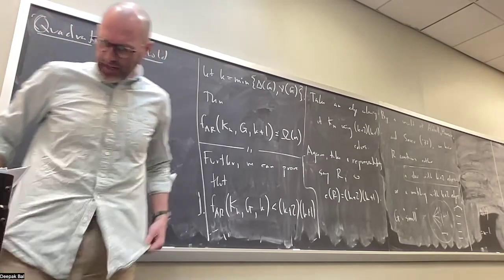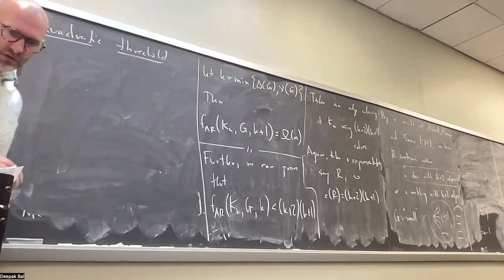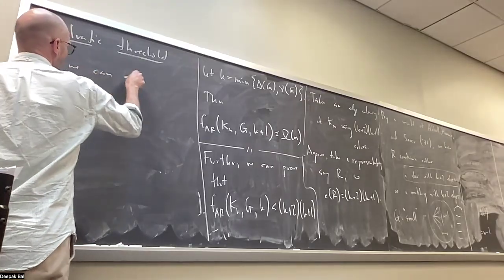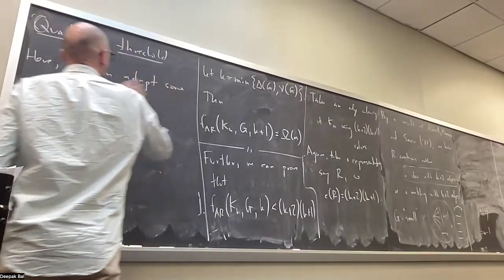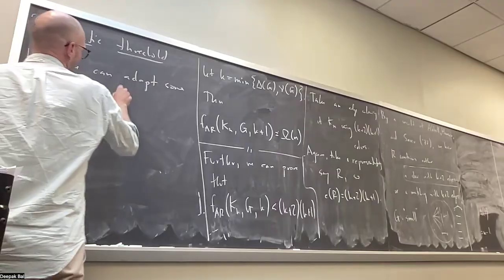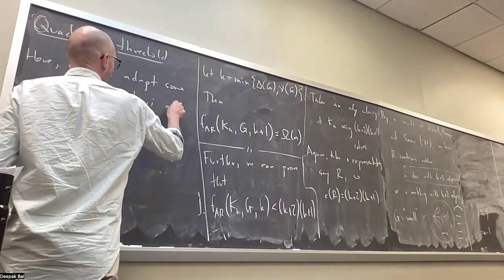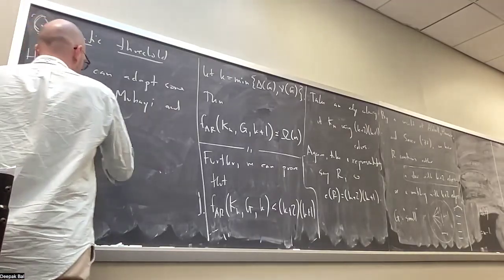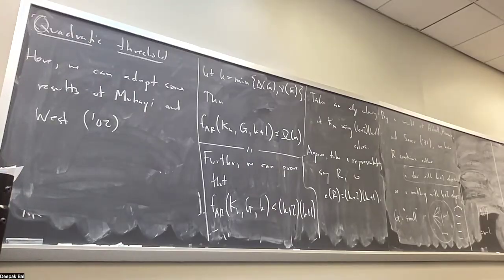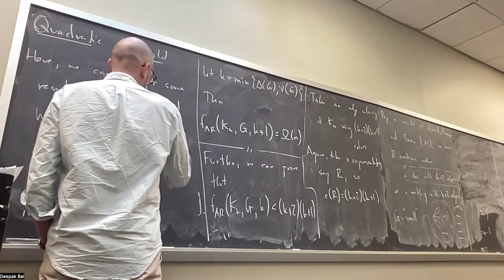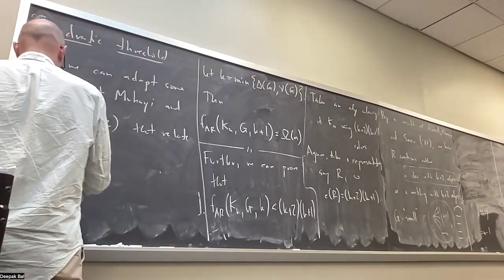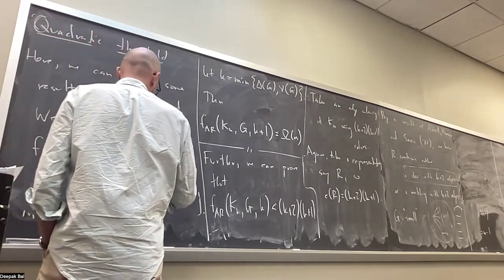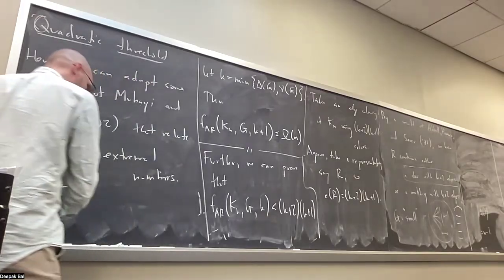So it turns out that if you have any graph, we can sort of adapt some results of Mubayi and West, again, everything happened around the same year, that sort of relate Ramsey numbers to extremal numbers.